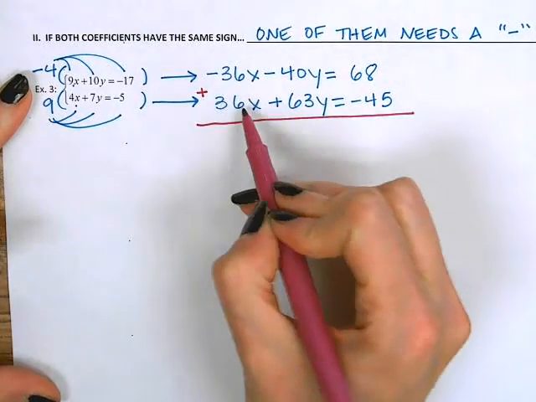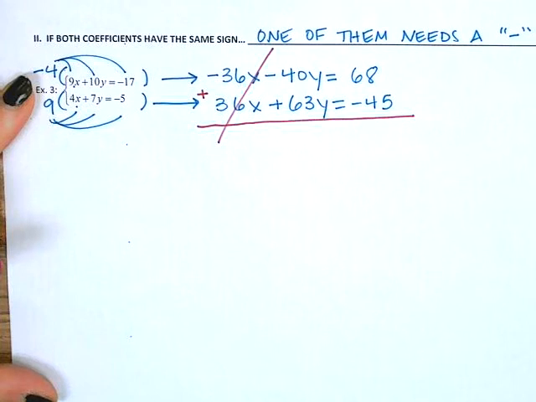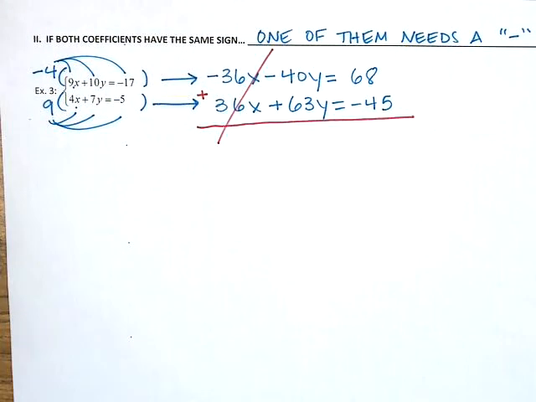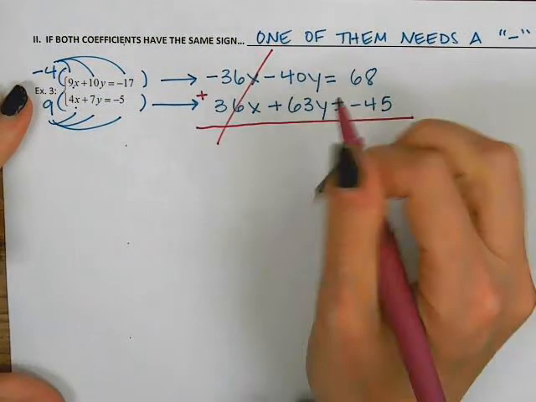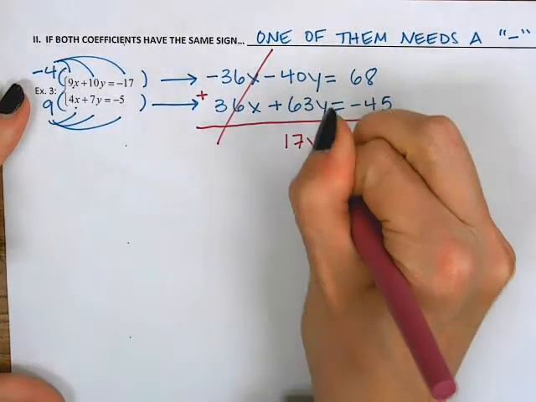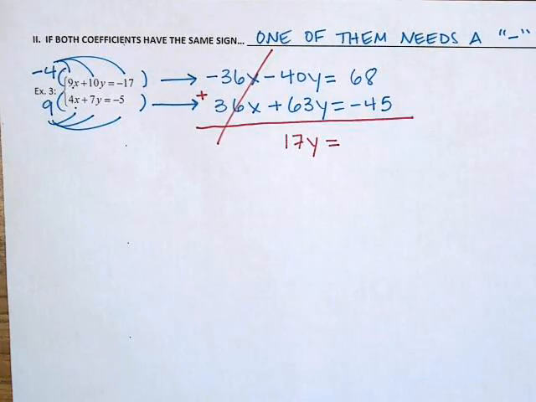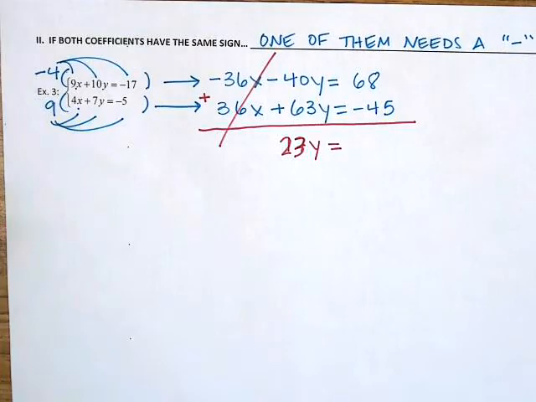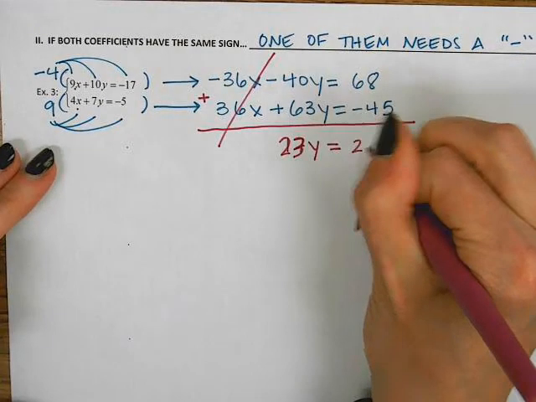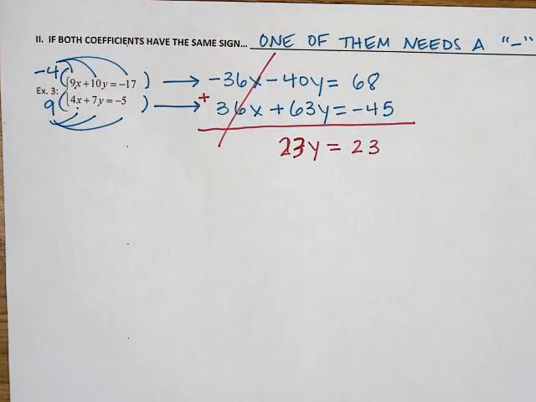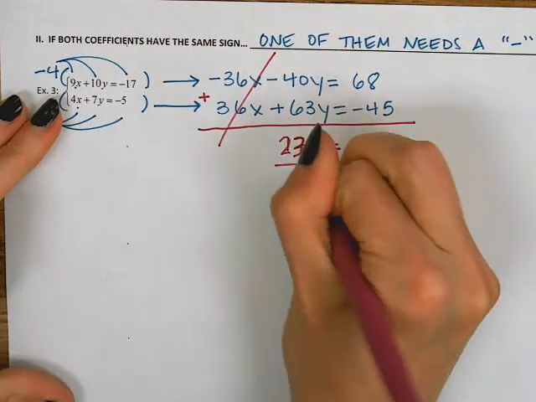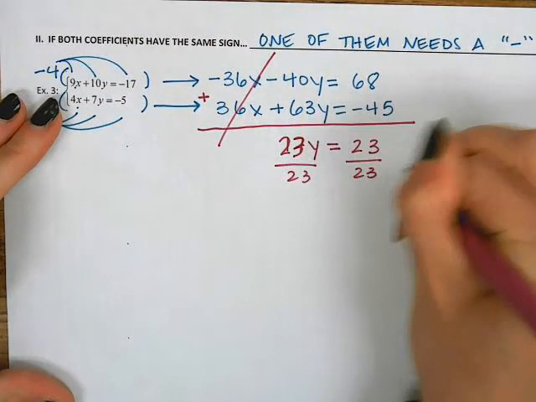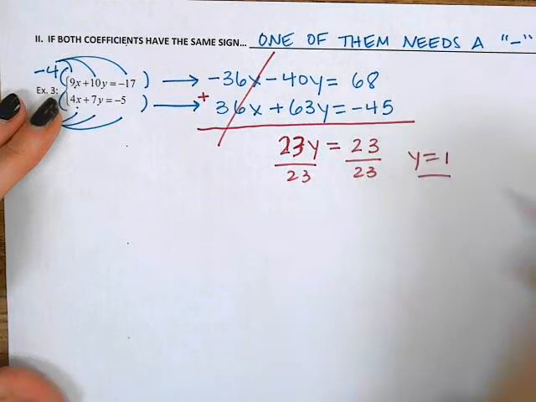Negative 36 plus 36 cancels. Negative 40 plus 63 in the y is 17y. No, it's not. My gosh, what is wrong with me today? 23y it is. And then 68 minus 45 is 23 also. So if we divide by 23, then y ends up being 1.